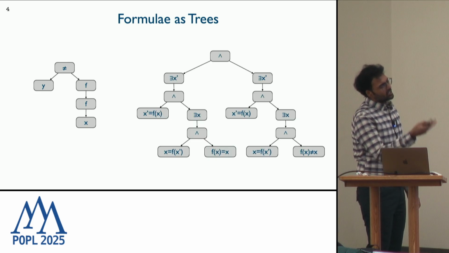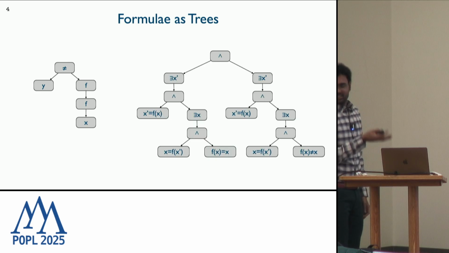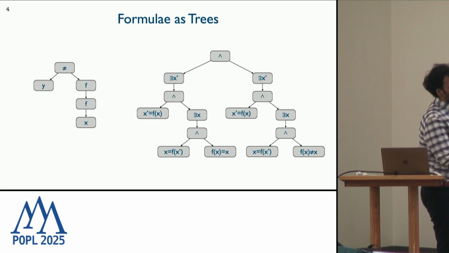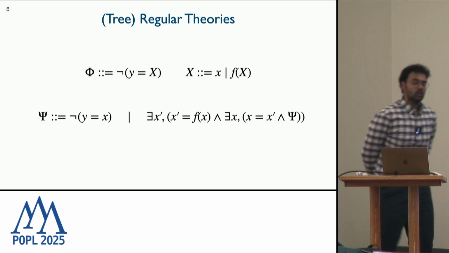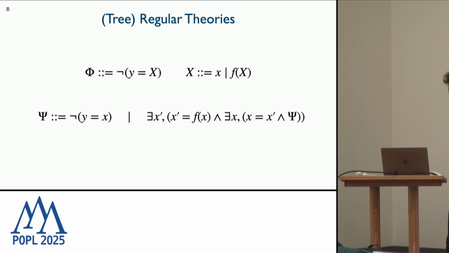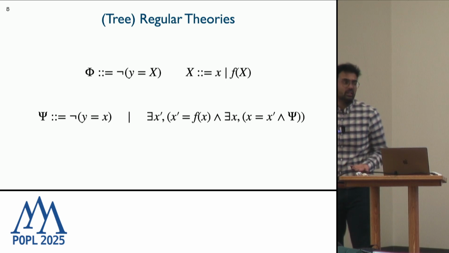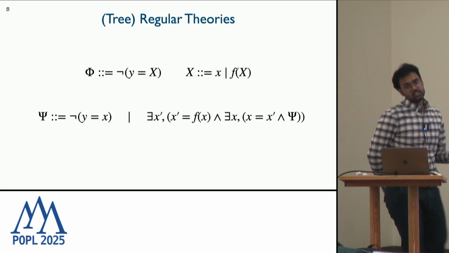And likewise, this is a bigger formula, which I don't think I want to read out. But it's a conjunction of 2 subformulae, each of which has existential quantifiers. Okay, so now that you understand that a formula is essentially a tree, a set of formulas is a tree language. And you can talk about different kinds of tree languages.